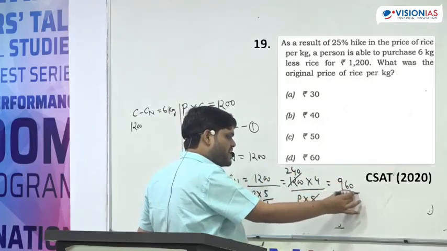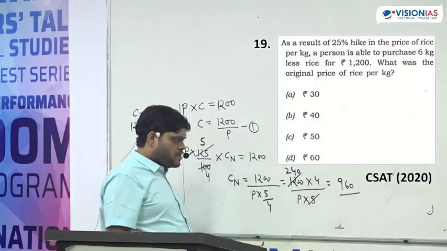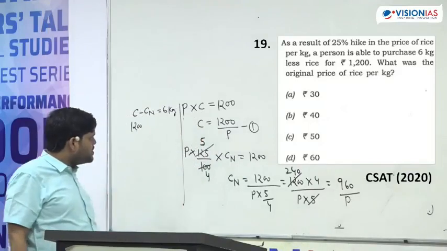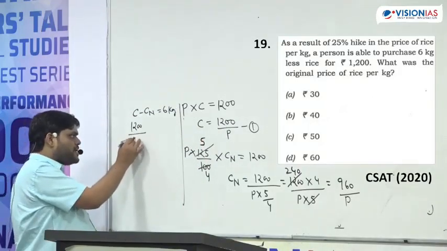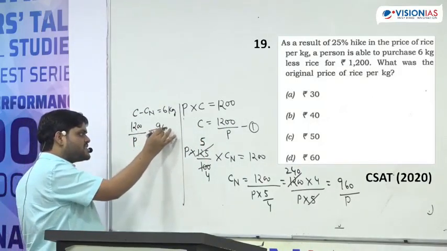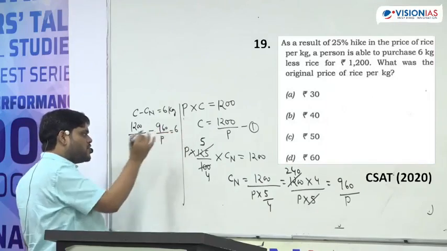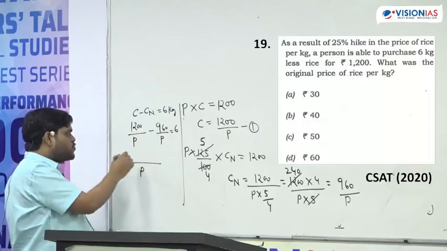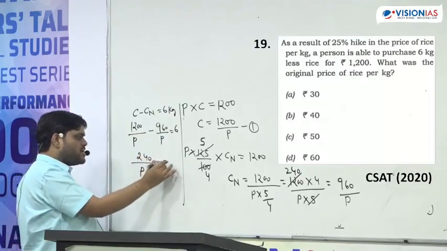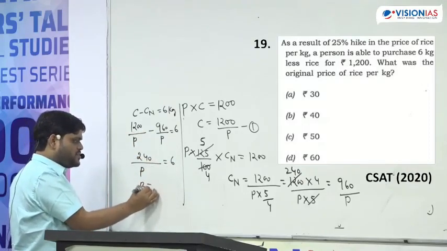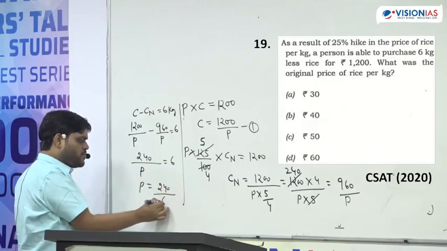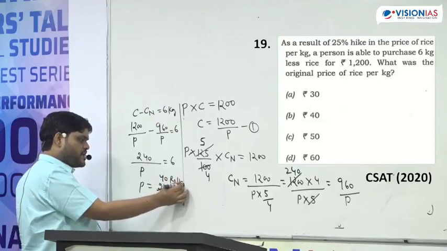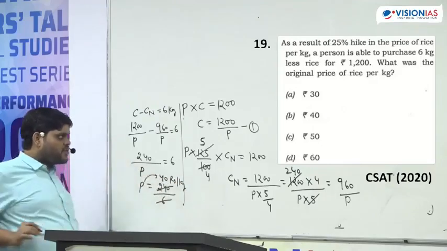This will come as 960 upon P. So 1200 upon P minus 960 upon P is equal to 6. This will come as 240 upon P is equal to 6. P is equal to 240 upon 6, which is 40 rupees per kg. We are getting the value of P directly here.